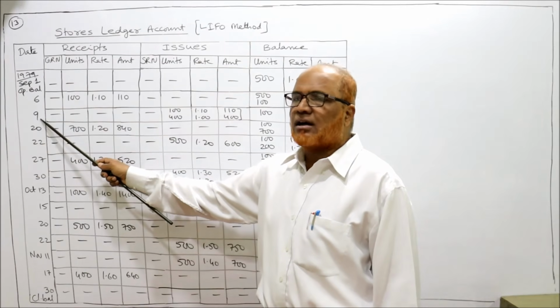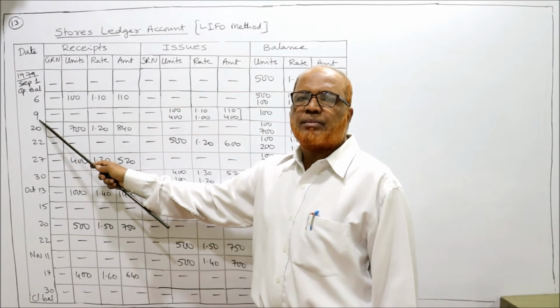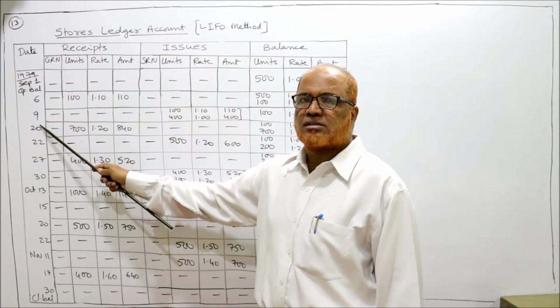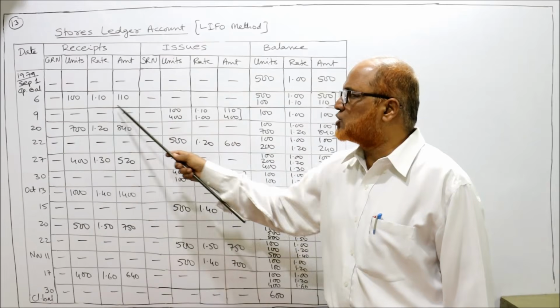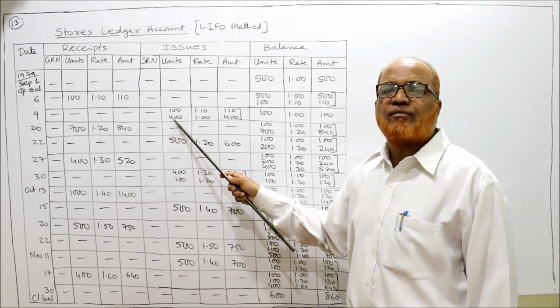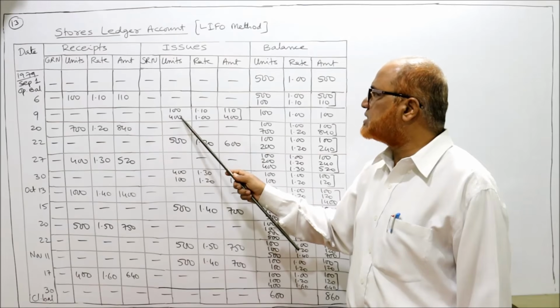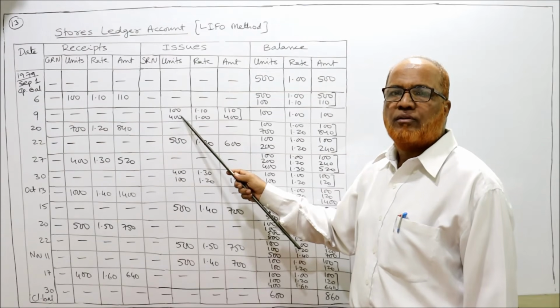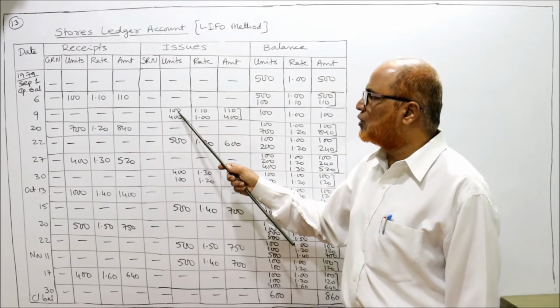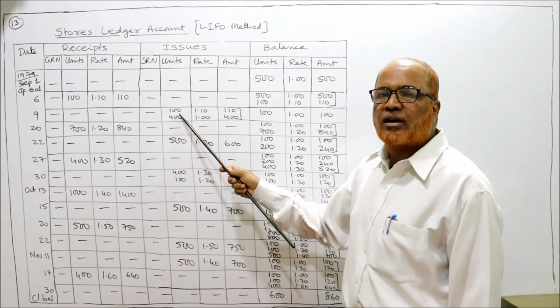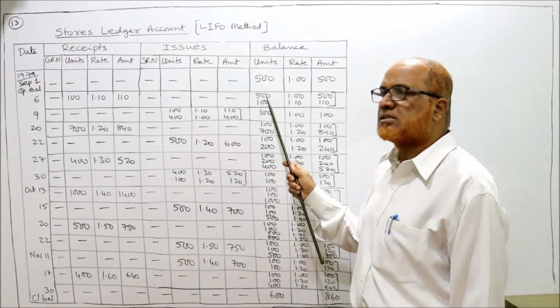Now 9th September there is an issue of 500 units. Come to the issue column. Put a dash in the receipts column. 500 units. We are following the LIFO method, last in first out. Which was the last received here? 100. So this 100 will be issued first. The remaining 400 units will be issued from the opening balance.